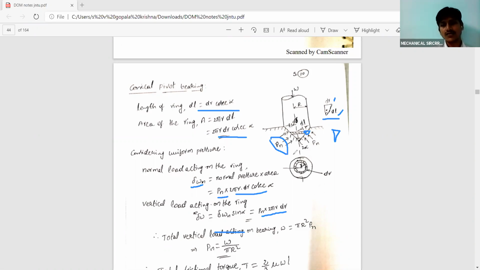When we take the sine value, del W equals del W n sin alpha.